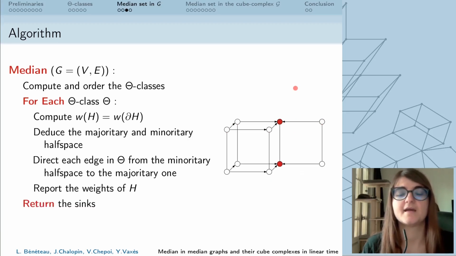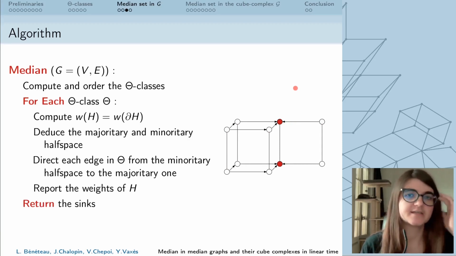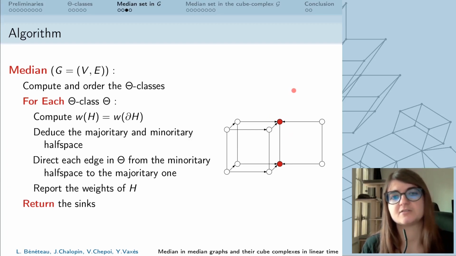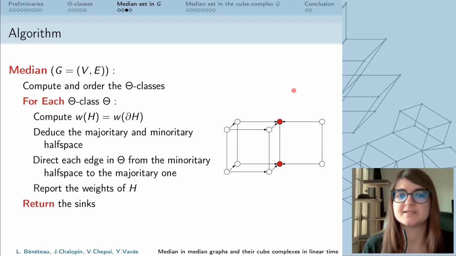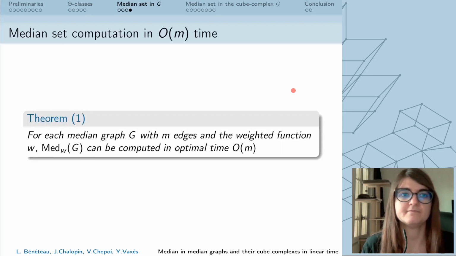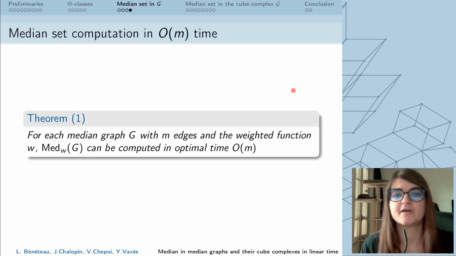In the end, we have defined an acyclic partial orientation of the edges. And then we can return the sinks, and we know that they are in the intersection of all of the majoritary half spaces, so they are the median set. So we show that we can compute for each median graph the median sets in linear time.